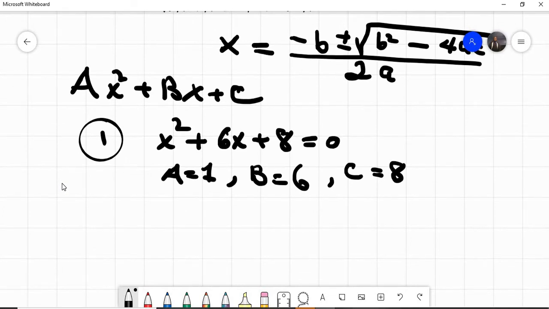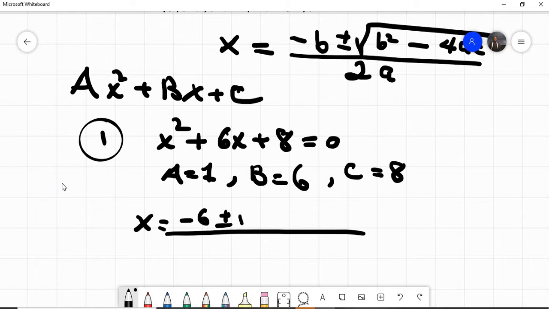Okay, so let's substitute first. Then x equals minus b, which is gonna be minus 6, plus or minus square root of 6 squared minus 4 times a, which is 1, times c, which is 8, and then we divide by 2 times a, which is 1.